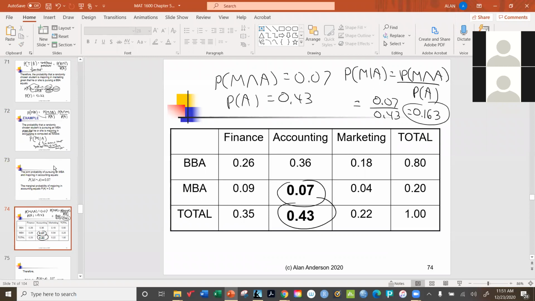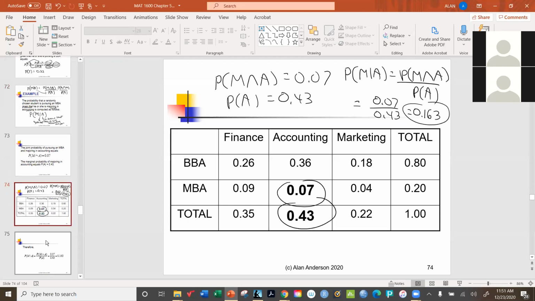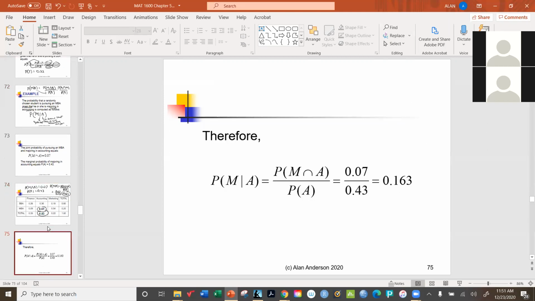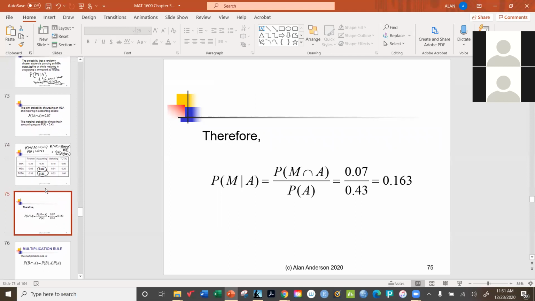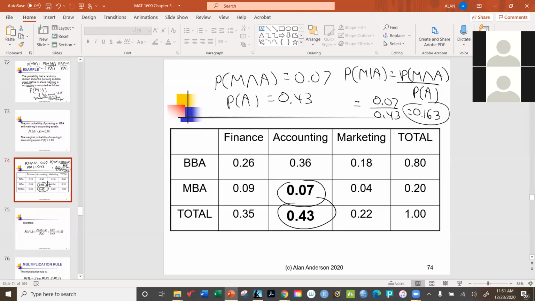Okay, so roughly 1 out of 6 accounting majors is getting their MBA. The rest are getting their bachelor's degree. So you can go through and calculate all of them if you want to. All conditional probabilities are exactly calculated the same way.